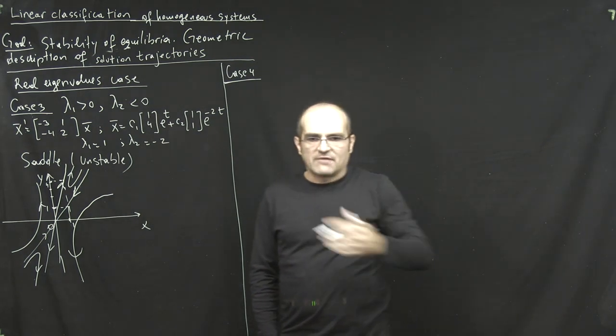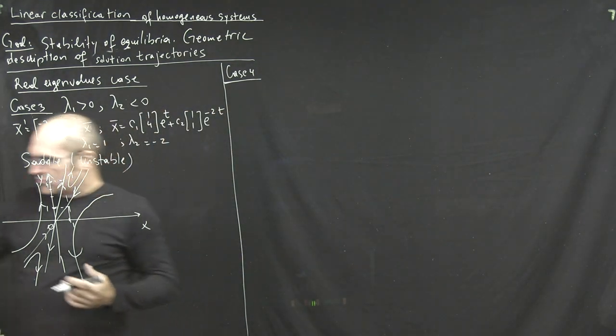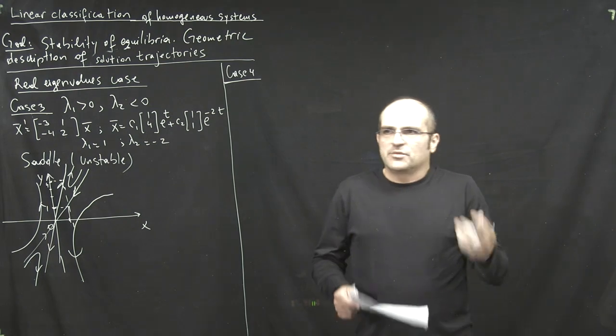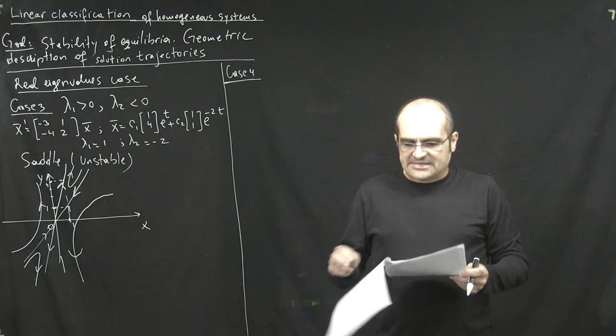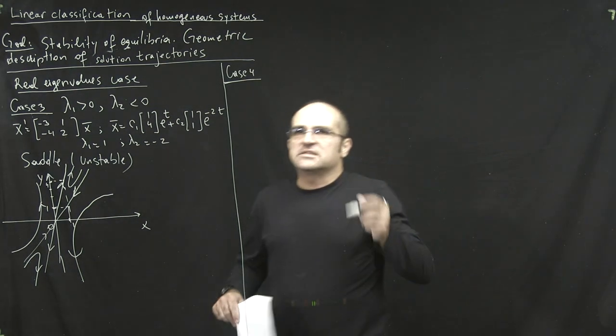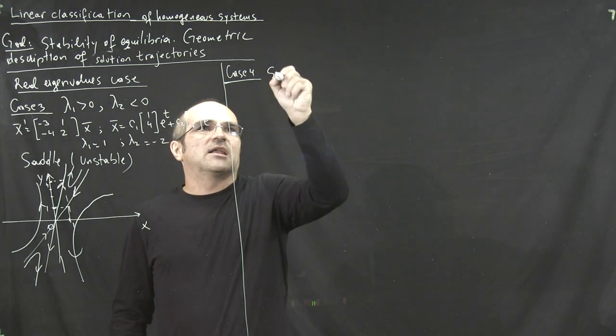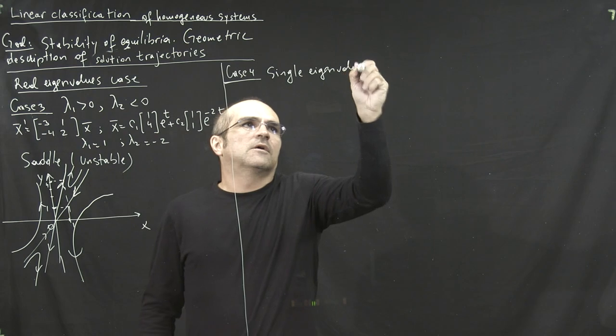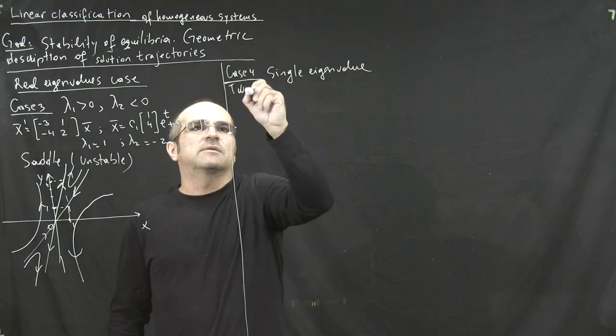So you don't have to go through the whole system theory to deal with it, but because the geometry is so different, we should mention this case separately. So this is the case when you have a single eigenvalue and 2 eigenvectors.